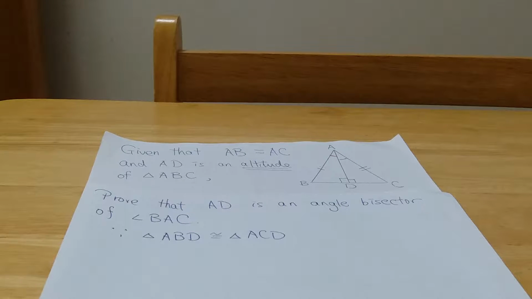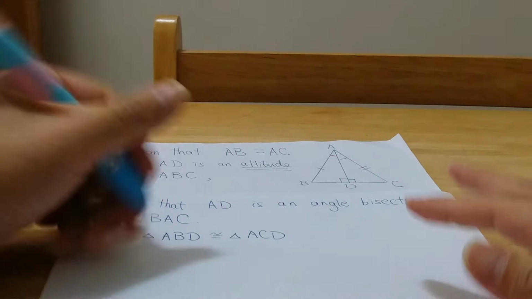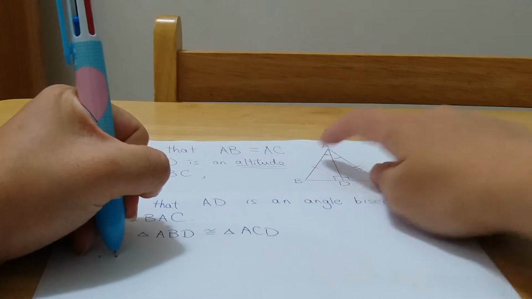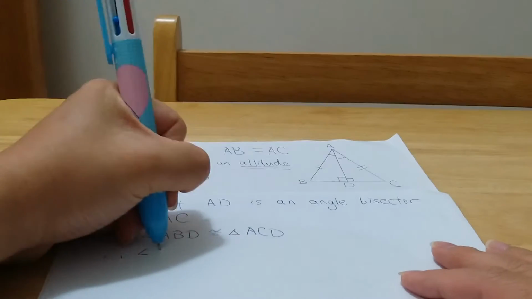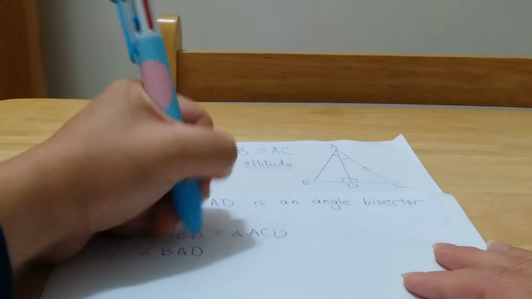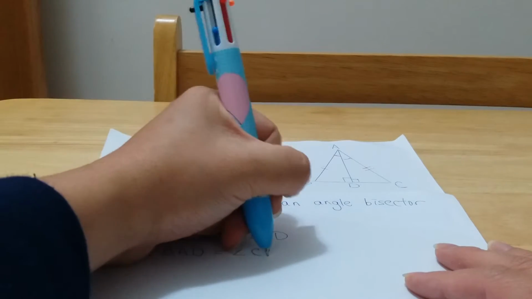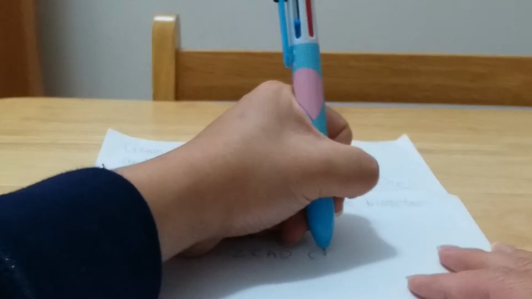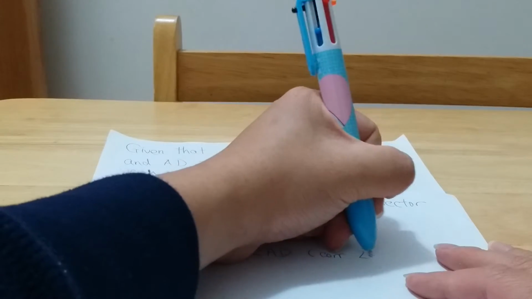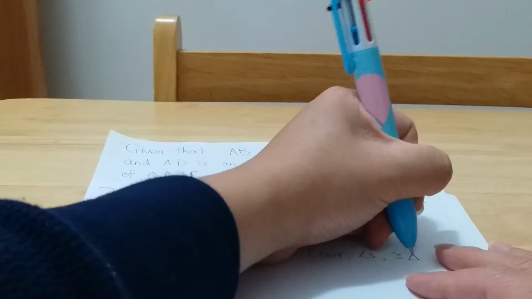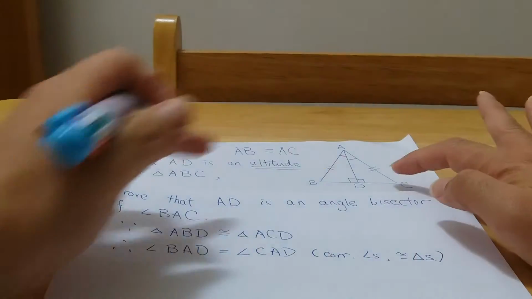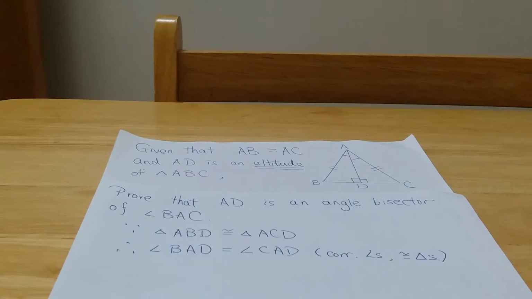Okay, but how can we write it down? Because they are congruent, we will choose these two. Angle BAD is equal to angle CAD. That is corresponding angles, congruent triangles. Because they're congruent, these two must be equal.